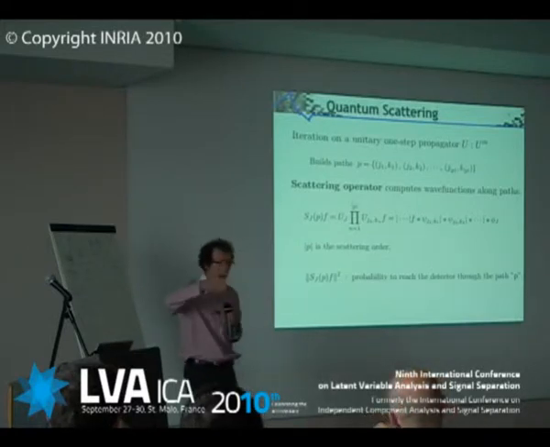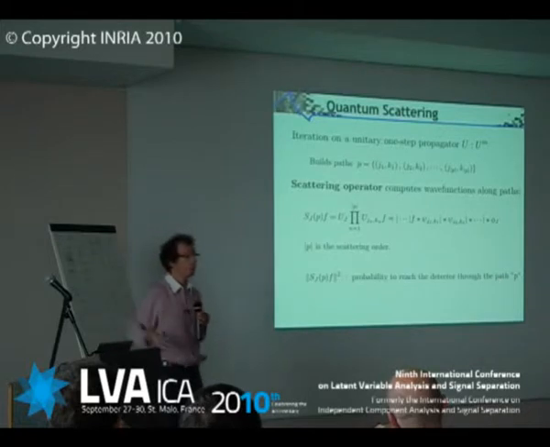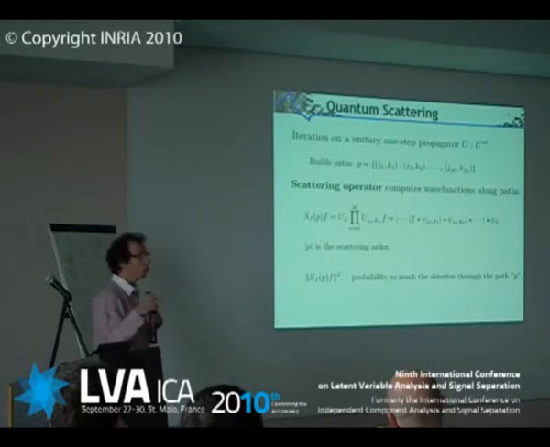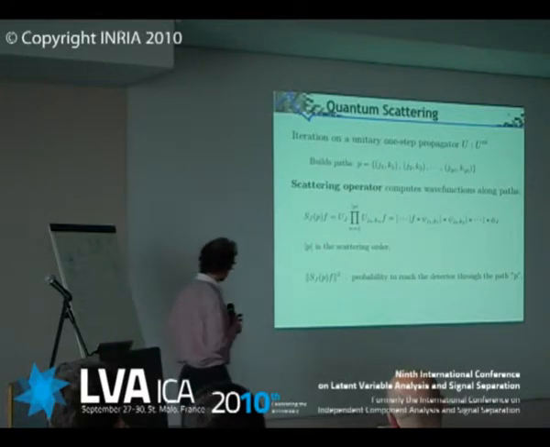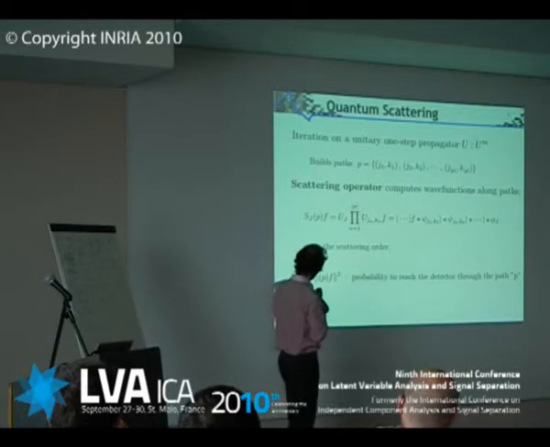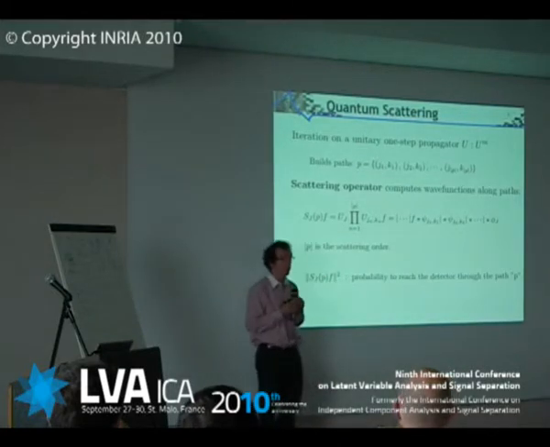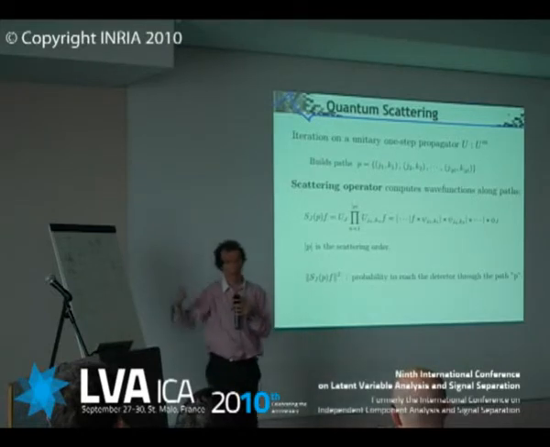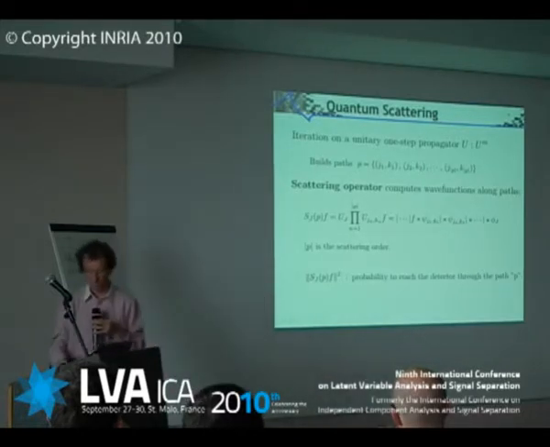The number of steps you are going through is going to be called the scattering order. It's the number of times you take a convolution modulus and so on. If you think of the norm square of this, if the norm square of f at the beginning is normalized to 1, this is basically the probability to reach the detector through the path P, okay? And you will look at all of these.